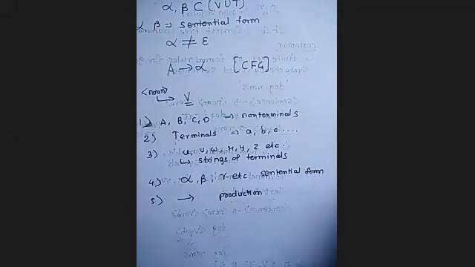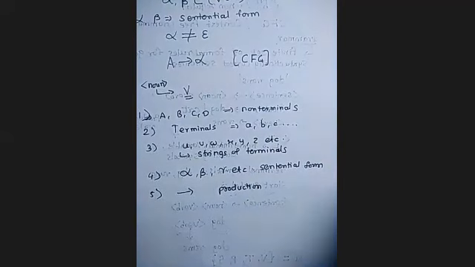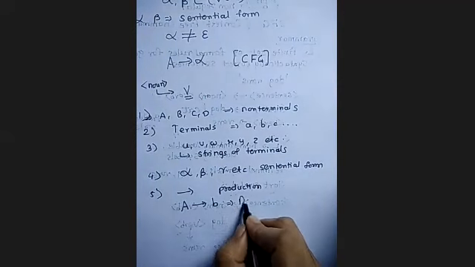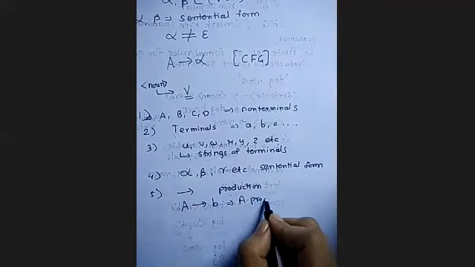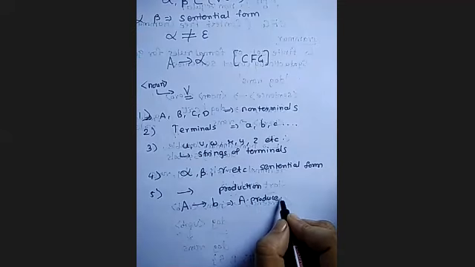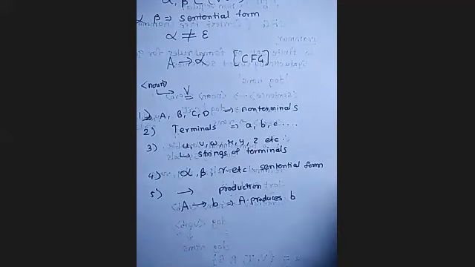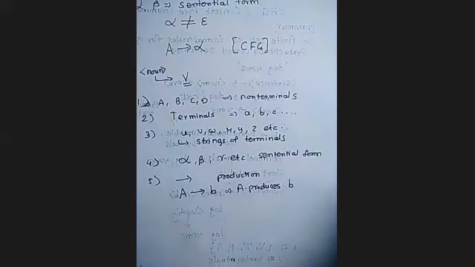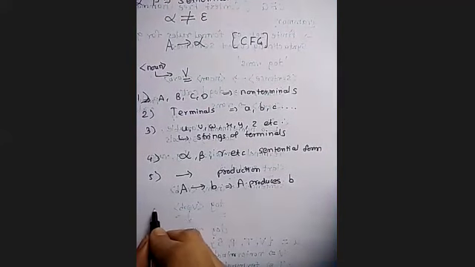Arrow stands for production. For example, if I write A arrow B, what does this indicate? A produces B. So you can explain it this way: whenever you replace A by B, that indicates A produces B.